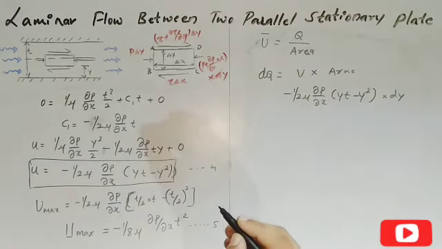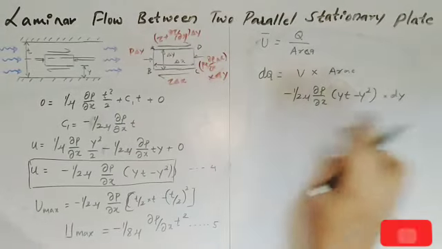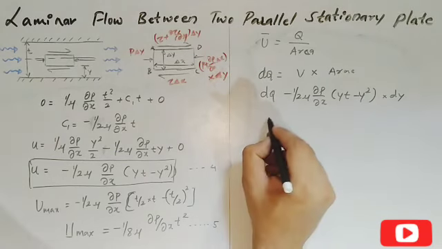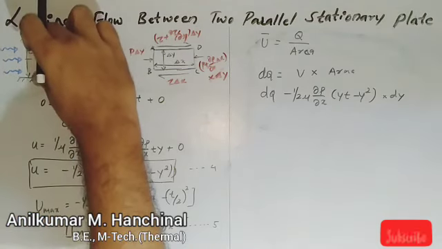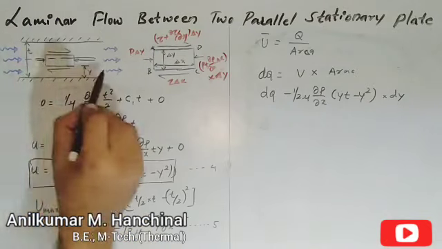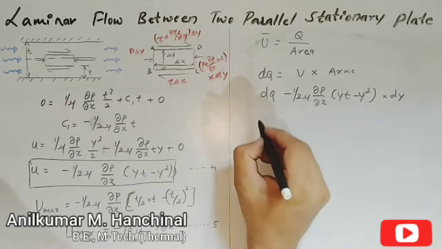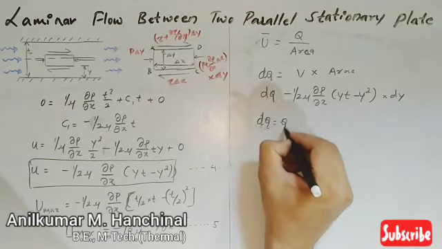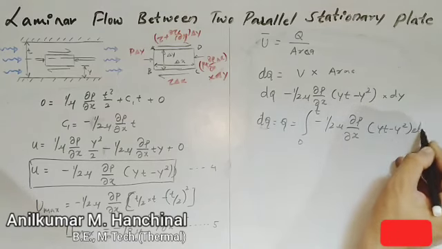Okay, now if I integrate this equation, this area delta y is nothing but dy. So integrating the above equation with respect to 0 to t, because the discharge is taking place between the plates. So integration between 0 to t. Now Q will be equals to integration 0 to t of minus 1 by 2 mu dou p by dou x into (yt minus y square) dy.